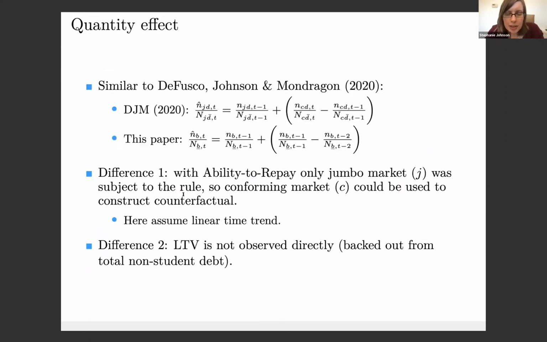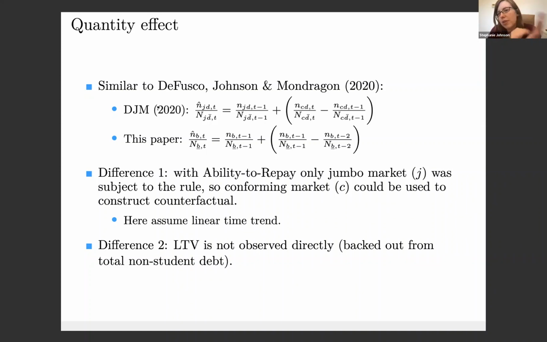To say something about the quantity effect, Ella didn't go into too much detail about this, but basically you have two thresholds, a lower threshold, below which you assume that there aren't people moving down.